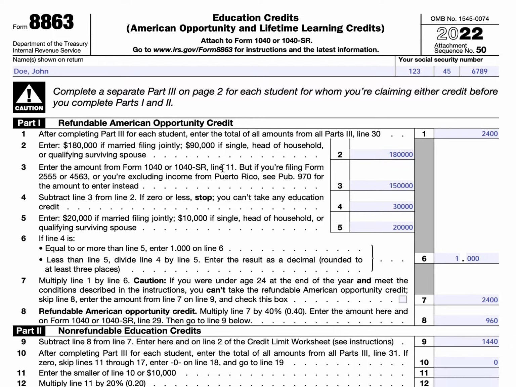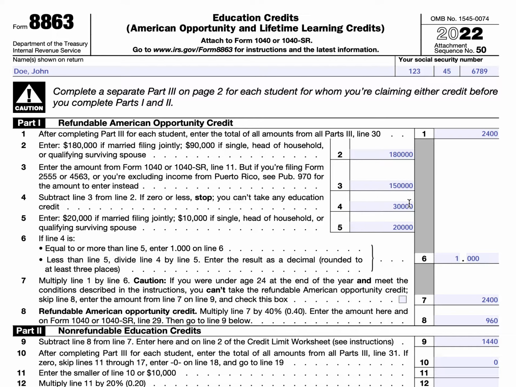Your adjusted gross income number from line 11 is $150,000. We just made that up. And then we're going to subtract line 3 from line 2. So we're $30,000 under the threshold.